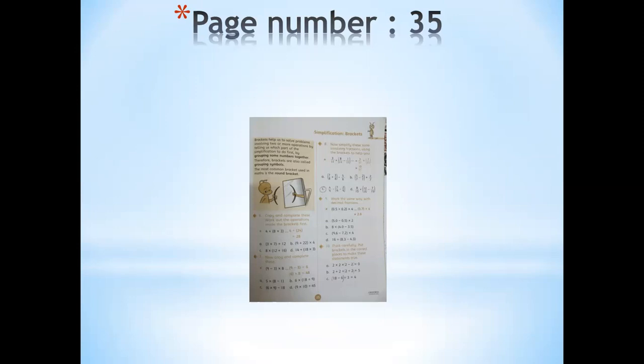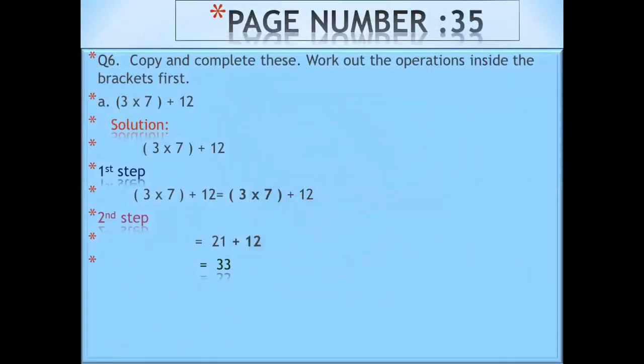Yes, question number 6. Copy and complete these. Work out the operation inside the bracket first. You see part A, 3 multiplied by 7, plus 12. Now the bracket encloses which two numbers? 3 multiplied by 7.